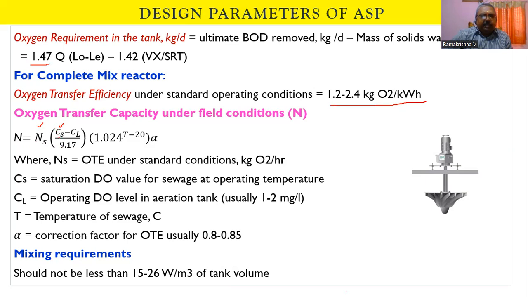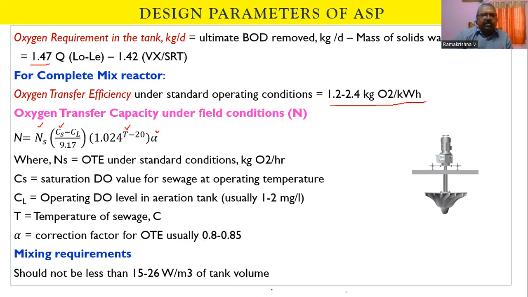Cl is the operating DO level in the aeration tank, 9.17 is the saturation DO value in water at 20 centigrade, and T is the temperature of sewage, where alpha is a correction factor for oxygen transfer efficiency, 0.8 to 0.85.